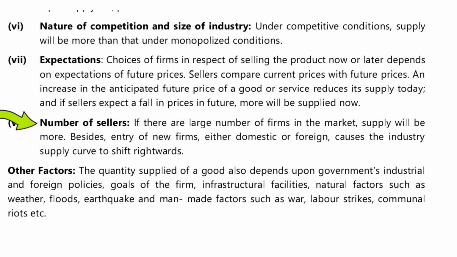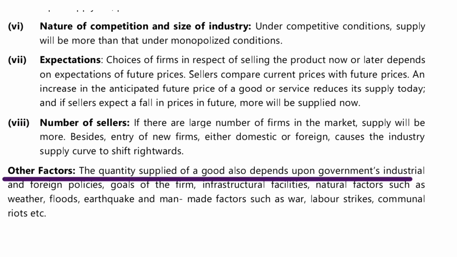As I already told you, when the competition is heavy, when the number of sellers is more, when there is new entry of firms, or when foreign products are coming into the industry, the supply curve will shift rightwards. There are certain other factors which also determine supply.